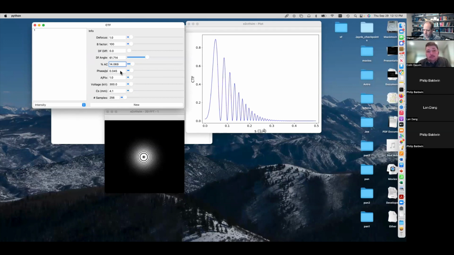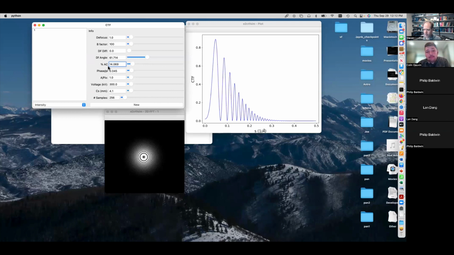All right, why did I bother explaining all of that? Well, the way amplitude contrast is treated in electron microscopy is kind of wrong. It's an approximation.